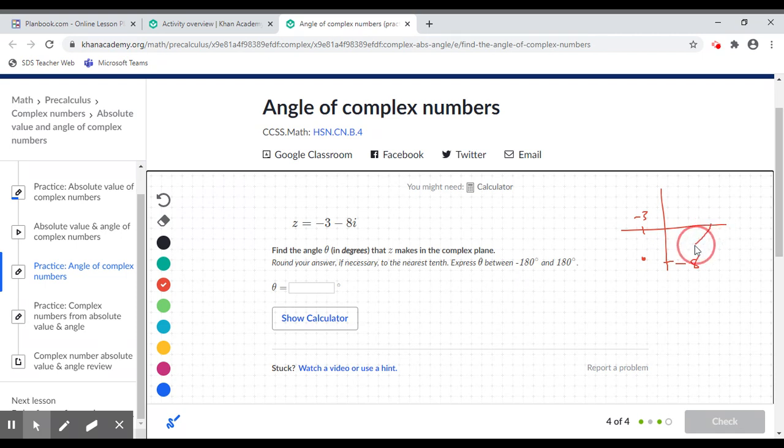It would seem that the angle should be something in the neighborhood of bigger than negative 90, but less than negative 180, so somewhere in between those two things. That's what seems the answer will be. Let's do an inverse tangent, not tangent, but inverse tangent of negative 8 over negative 3.